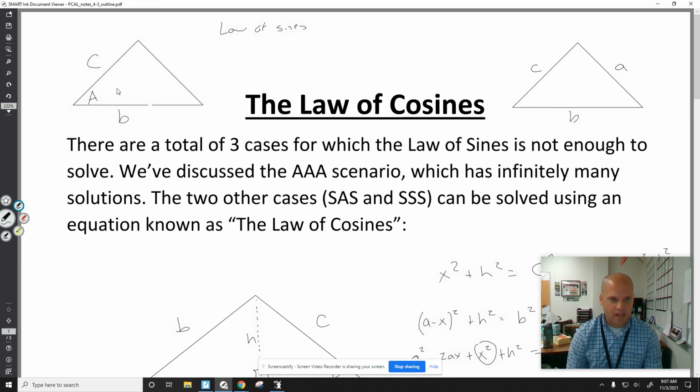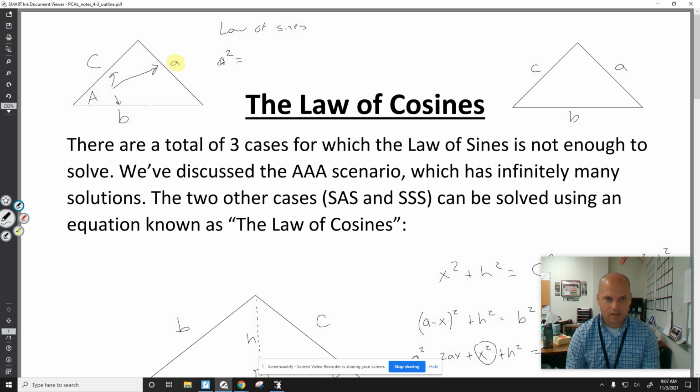What you're going to see is you're going to have this like trident situation. You got an angle and opposite side A, adjacent sides C and B. What we're going to say is this is the side length that we could potentially solve for first.